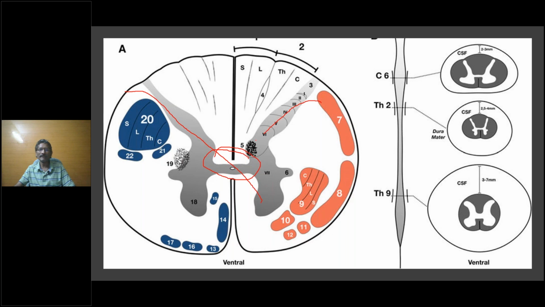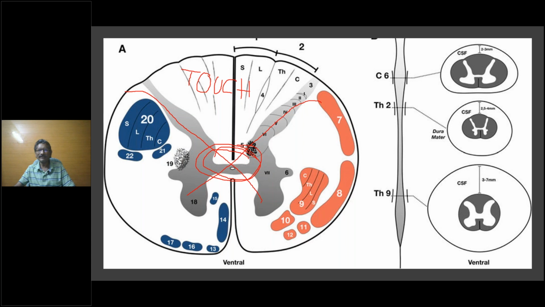Similarly here it will come and cross over. So when it affects here, pain and temperature is lost, but touch is preserved. This is called dissociated sensory loss. So when the lesion is central, it causes dissociated sensory loss.